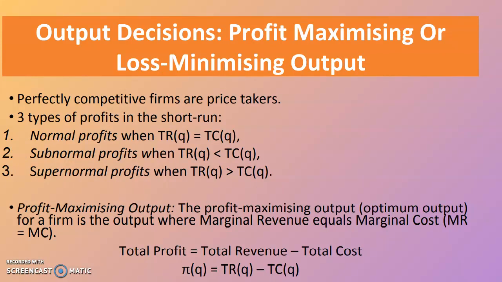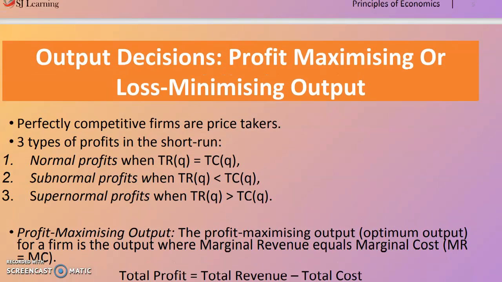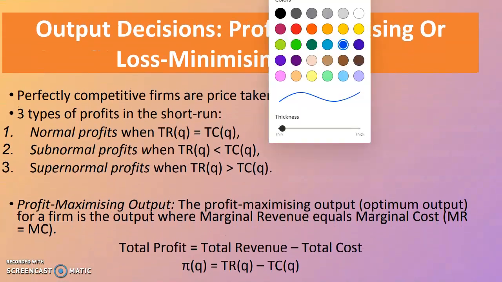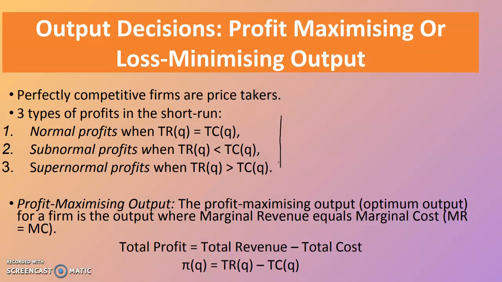Before we go to the output decision on the profit maximizing or loss minimizing output, we take a look at how price is determined in perfect competition. Remember, this is our supply curve and this is our demand curve.